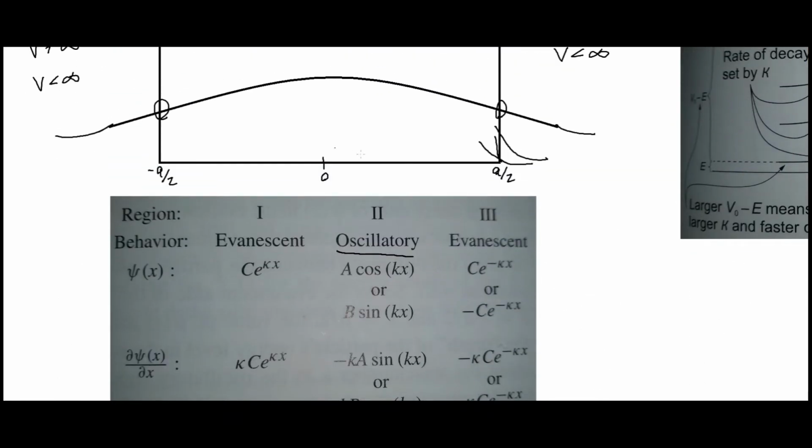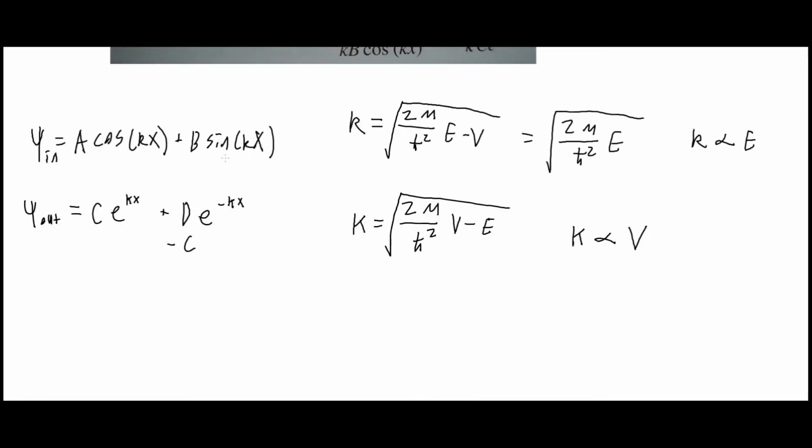I've drawn the boundaries at minus a over 2 and a over 2, so the total length is equal to a. We just have half of it on the positive side of 0 and half on the negative side of 0.